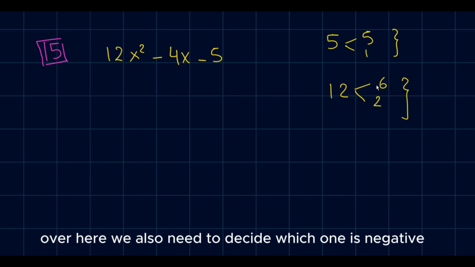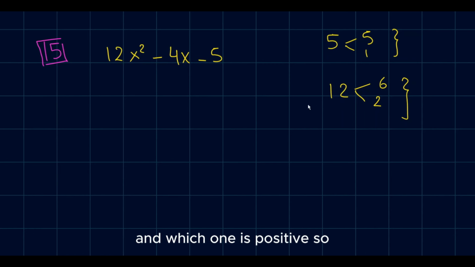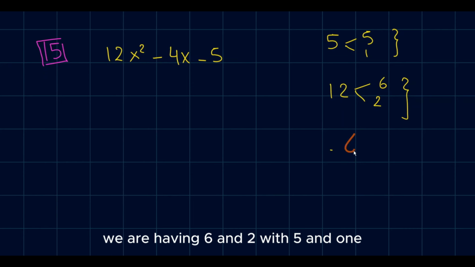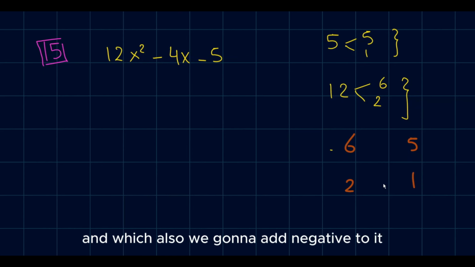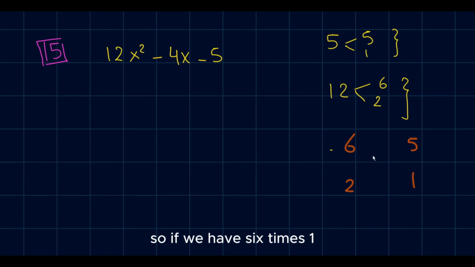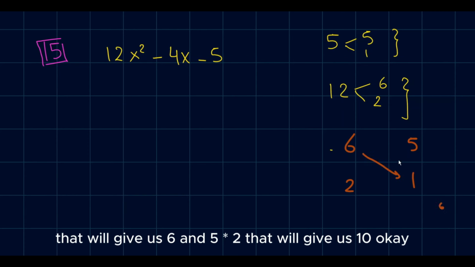Here, we also need to decide which one is negative and which one is positive. So we have 6 and 2 with 5 and 1. Let's decide which two we are going to multiply together and which we are going to add a negative to. If we have 6 times 1, that gives us 6, and 5 times 2 gives us 10.